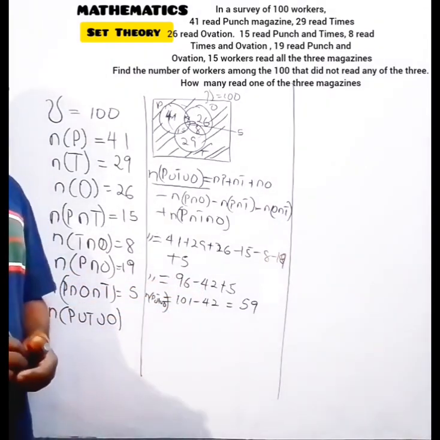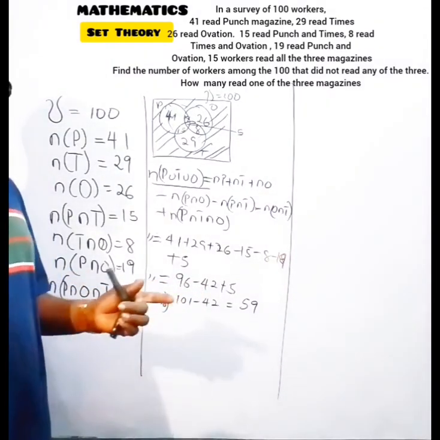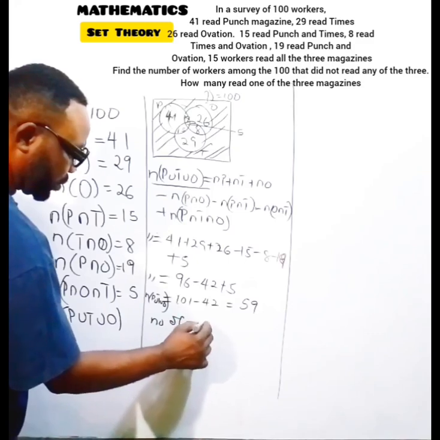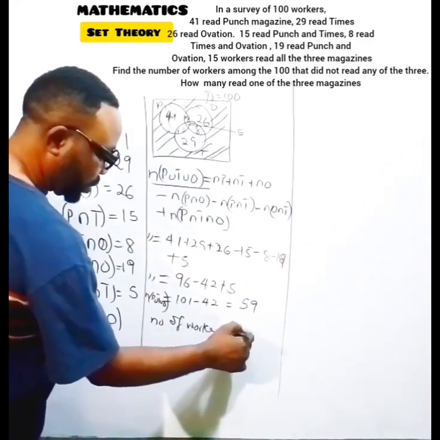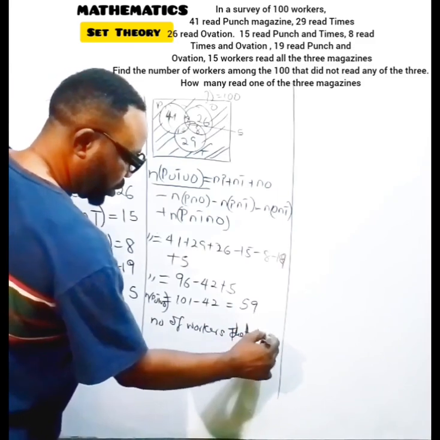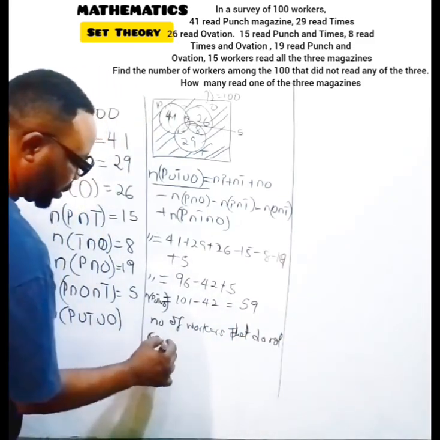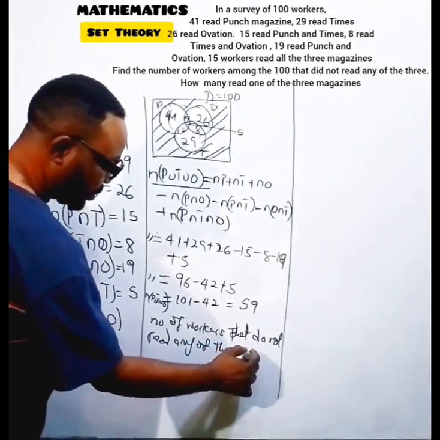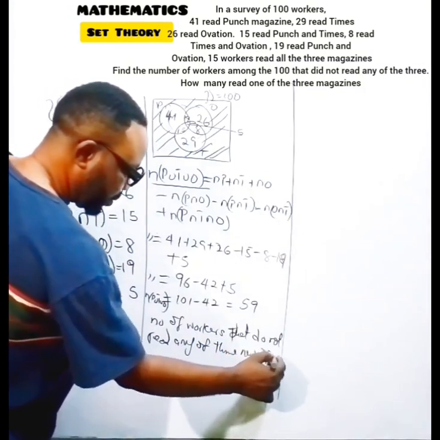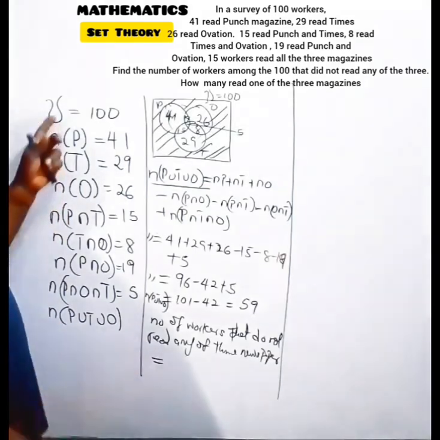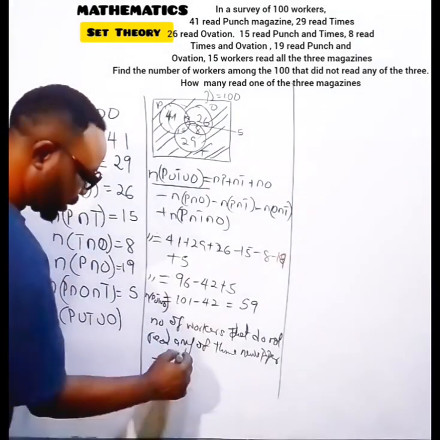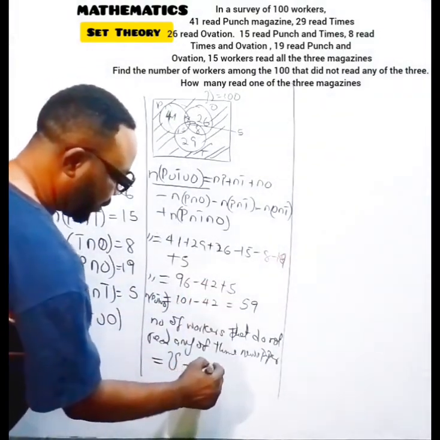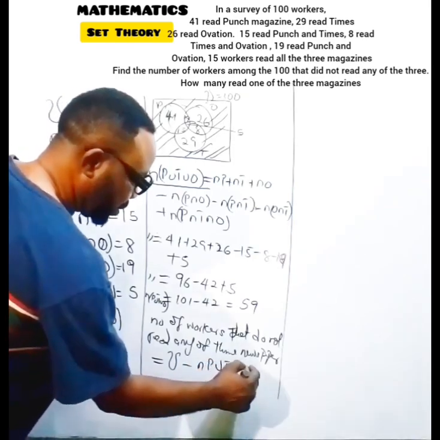Now, for us to find the number of workers that do not read any of these 3 newspapers at all, the number of workers that do not read any of the three newspapers will be equal to the universal set minus the number of workers that read all the three newspapers, that's Punch union Times union Ovation.